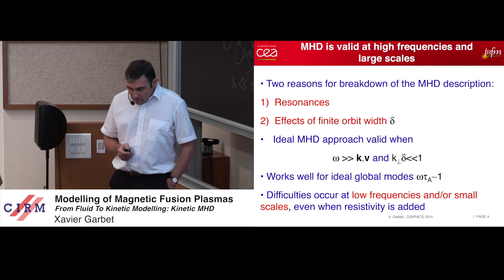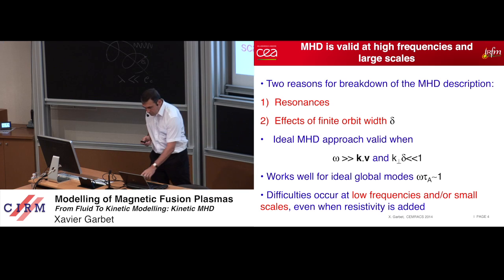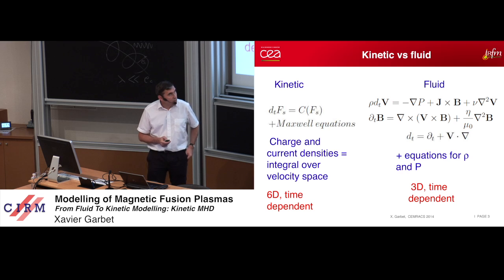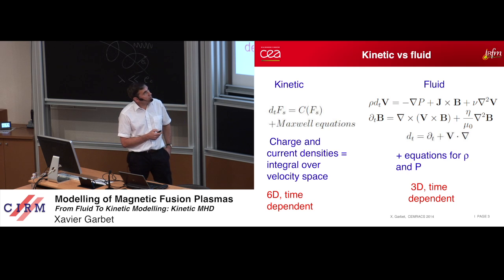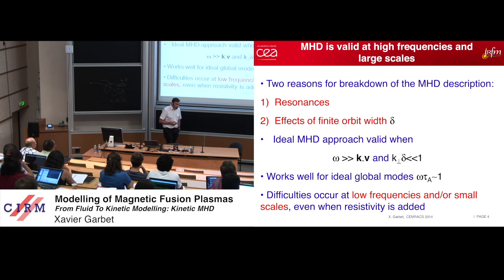Now, all this is to say that at the end, if you look at ideal MHD, which means that you neglect all the dissipative terms here, the viscosity and the resistivity, most of your instabilities will grow with a characteristic time, which is the Alfven time. I will give the definition later on.